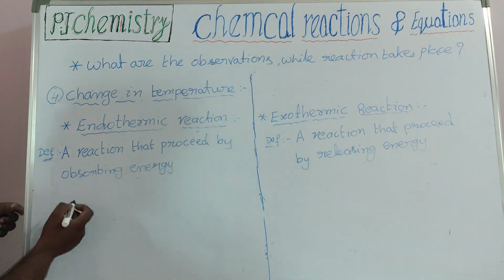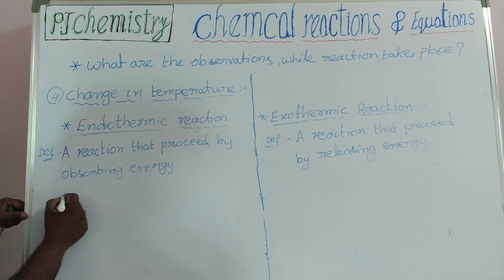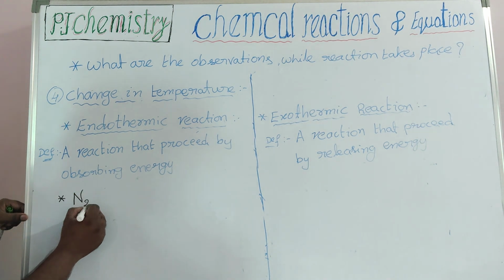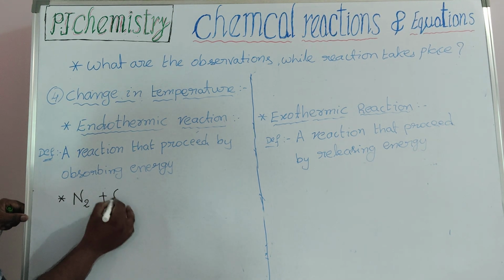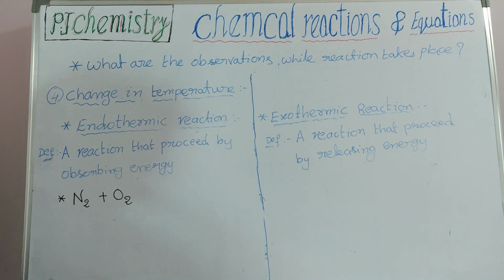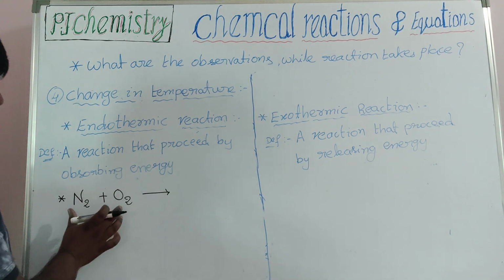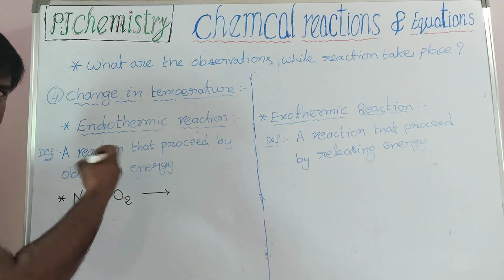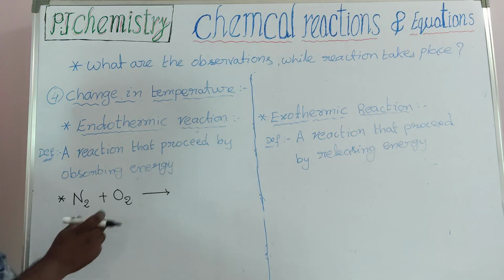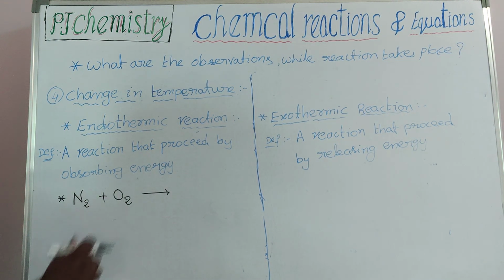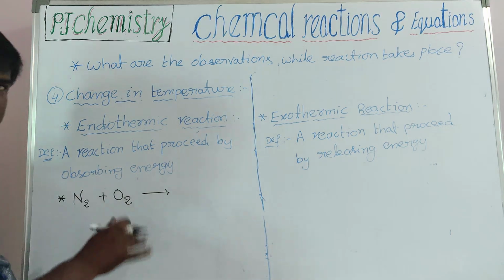Next, N2 plus O2. It is a combination reaction. These both combine by absorbing energy. We need to supply more energy to break the nitrogen bonds and oxygen bonds, then only the reaction takes place.